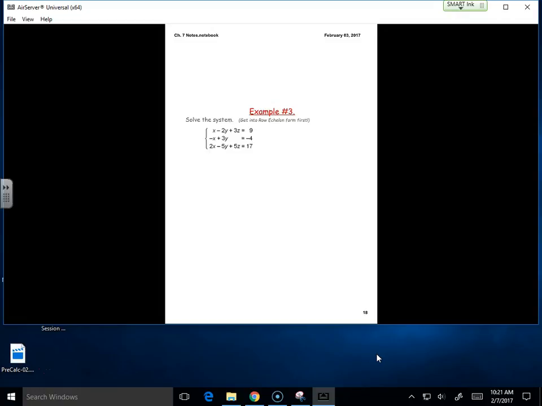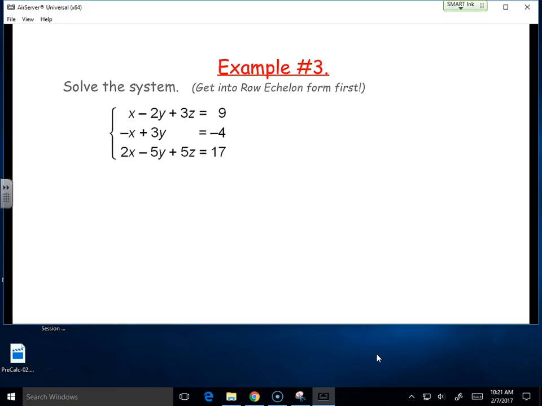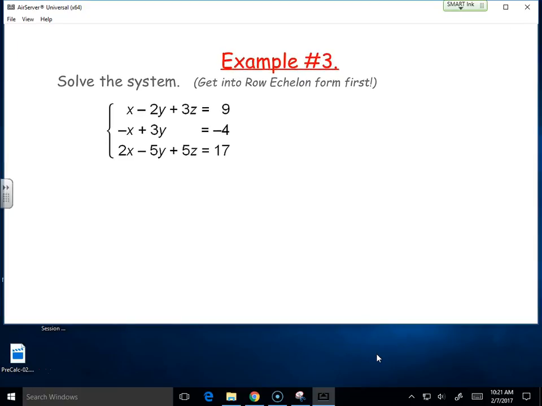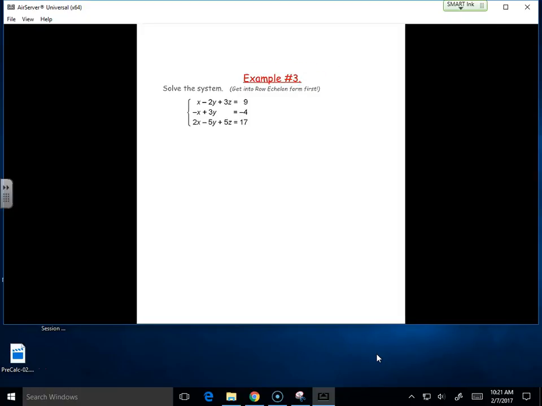Solve, but don't solve until you make the nice stair step. Now I'm not going to show all of this right away, but let's do it with a star.